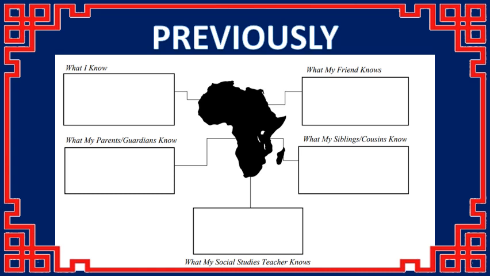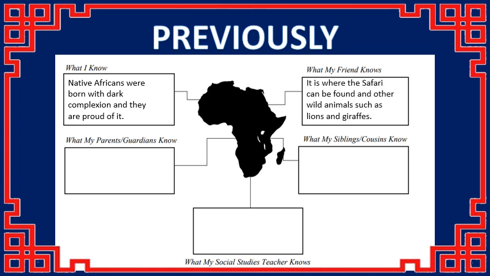Last time, I asked you to write down what you think, what your parents think, and what your siblings think about Africa. You have shared incredible thoughts, and based also on what you read about the short history of Africa, we learned that native Africans were born with dark complexion and they are proud of it. It is where the safari can be found and other wild animals such as lions and giraffes.